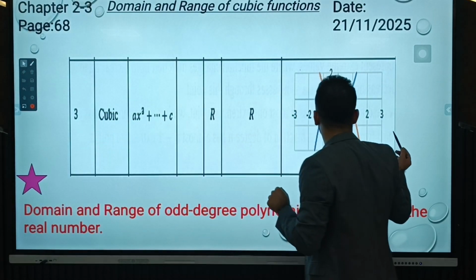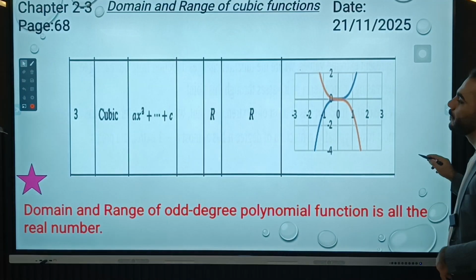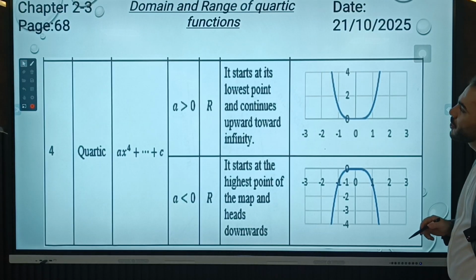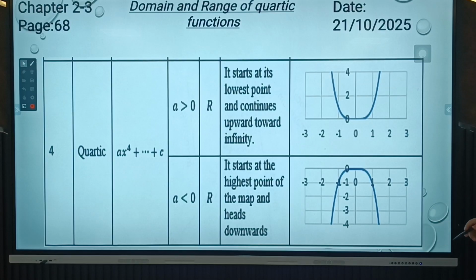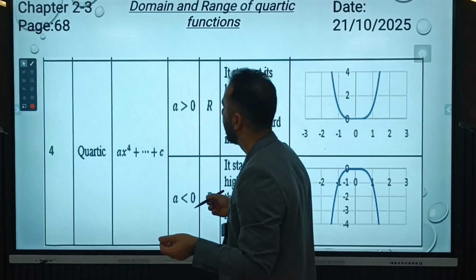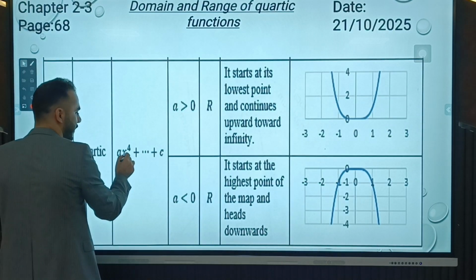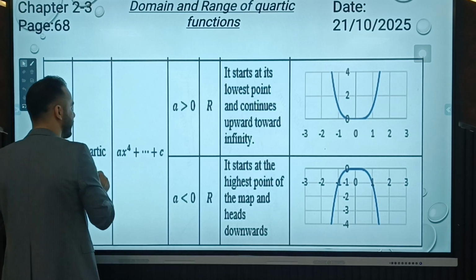The next graph is the quartic function. The quartic function is somehow like the quadratic function graph. We have ax to the fourth, where the degree is even. When the degree is even, domain is all the real numbers, but range depends on the function.